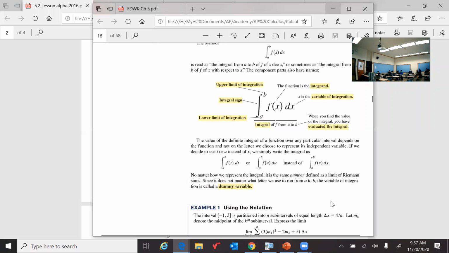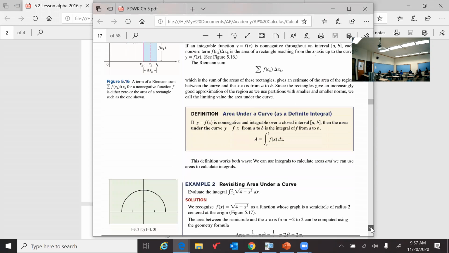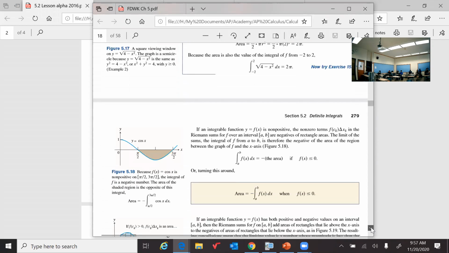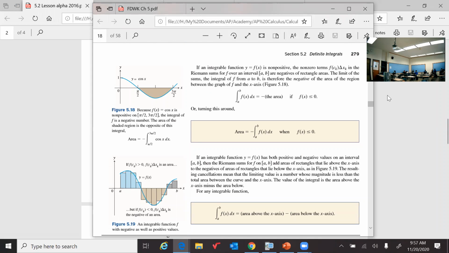In the textbook, on page 279, if the area is below the x-axis, it's negative.